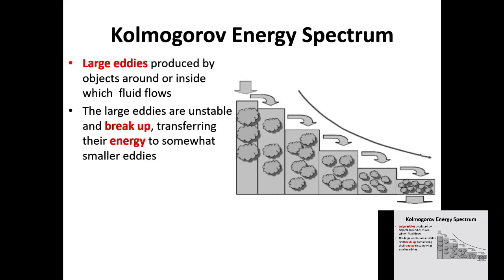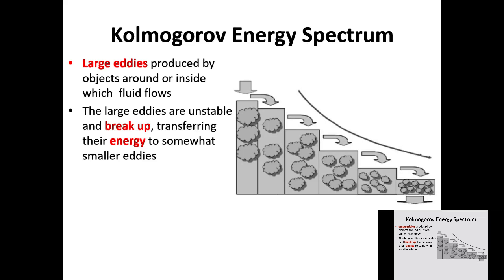They break into small eddies and smaller and smaller eddies, and during this breakup of eddies, it transfers energy into these smaller and smaller eddies, and finally these small eddies dissipate.